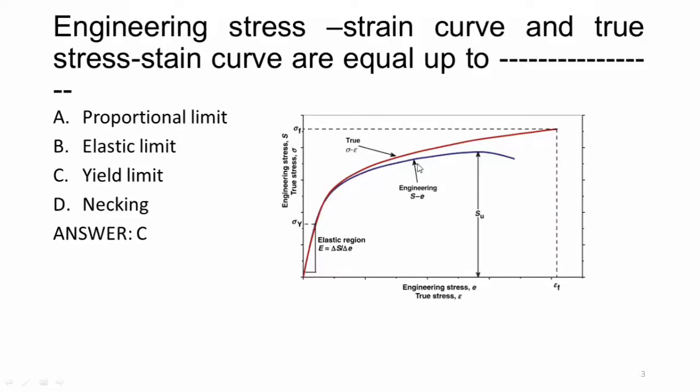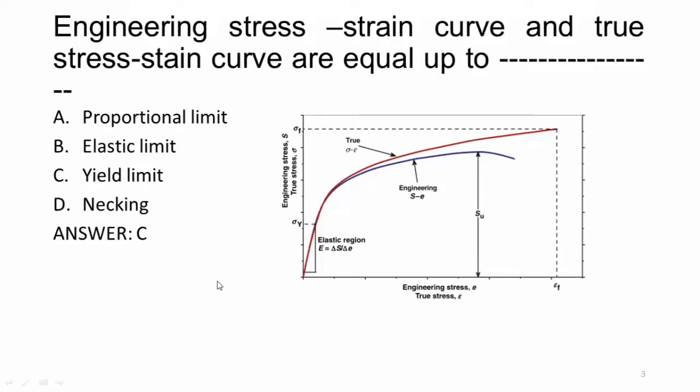Now what happens in the engineering stress strain curve? We make an assumption. What assumption? That after yielding, the cross sectional area remains the same, it does not get reduced. Whatever is the cross sectional area after yielding, it will remain the same up to failure.